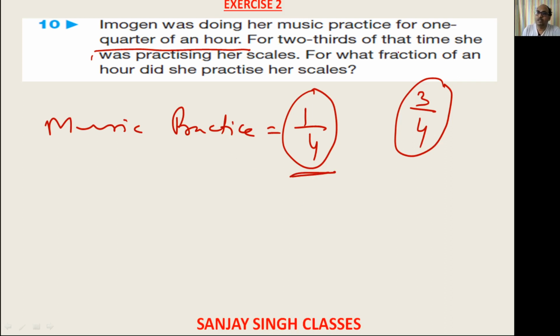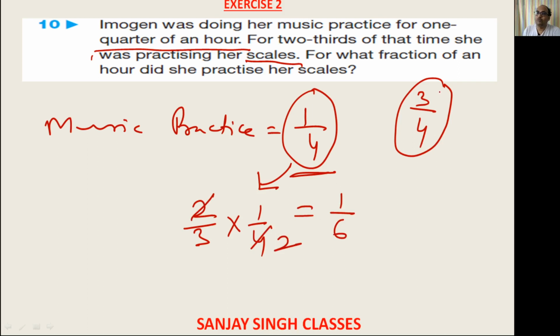Now for 2/3 of that time, she was practicing her scales. So 2/3 of 1 by 4 means simply multiplication, and you can cancel the 2 and you have got 1 by 6. Now for what fraction of an hour? When you are getting 1 in the numerator, then only can we say what the fraction is as a whole.